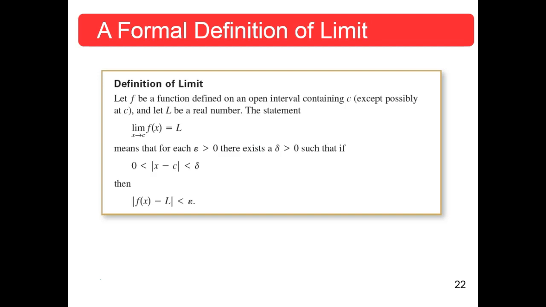The endpoints are not necessarily part of the interval, everything in between. A closed interval would include the endpoints. A semi-closed one could be open. So an open interval containing c, except possibly at c. f doesn't have to be defined at c. It could be, but it doesn't have to be. That's why we leave off the equal 0.